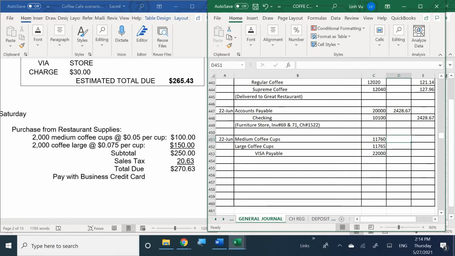Now here we have to include the tax in. So what I did was first I put my 270.63 under credits for Visa payable. Then for my debit, I had put $100 times 0.0825 to give me a total of 8.25, and added that with the 100 to make it 108.25.